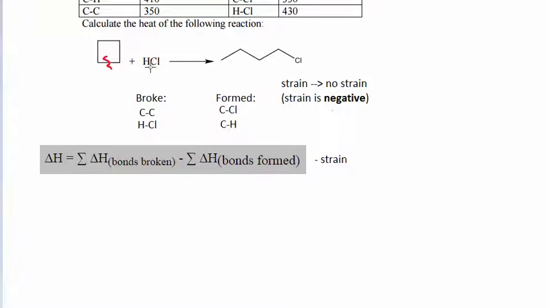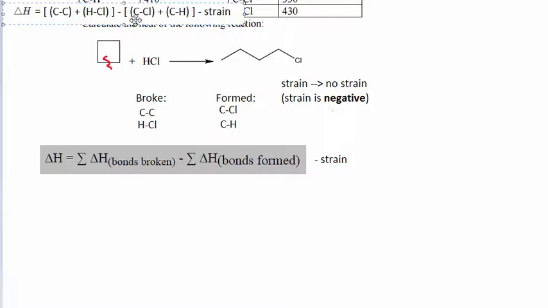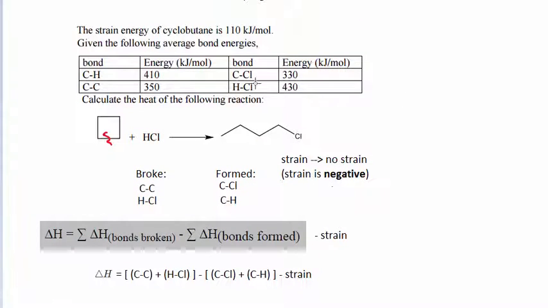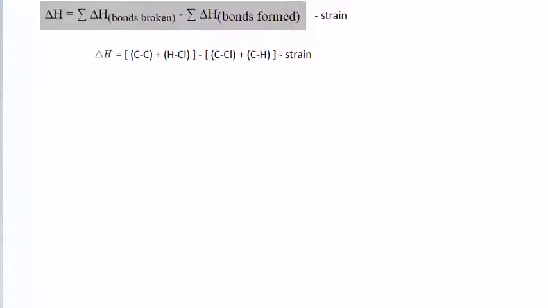And we have no resonance here, so we're not going to include that term. The only thing you need to do is write in all the bonds that were formed and all the bonds that were broken, go up to the table and substitute in these values here and do the arithmetic. And you'll get your final answer. Don't forget the units here.